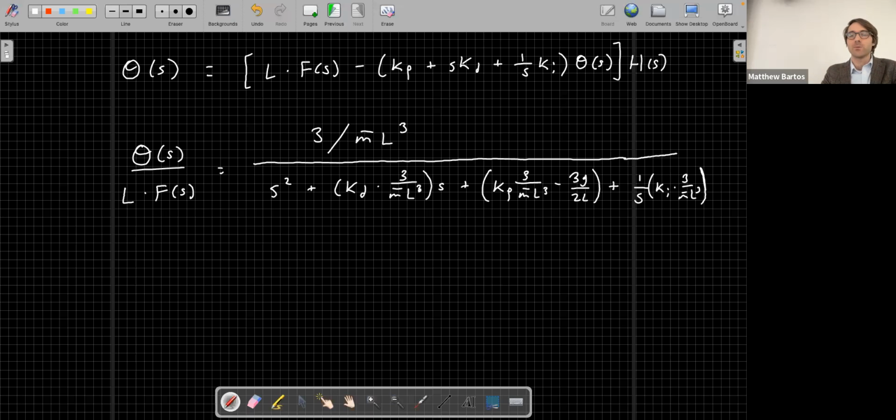Okay, so what we can do to make this more familiar and more amenable to analysis is multiply both the numerator and denominator by s.